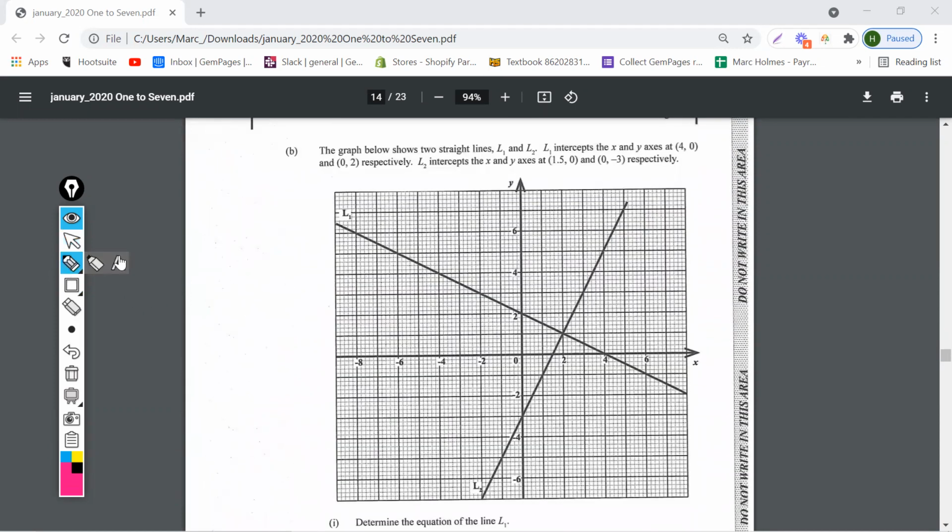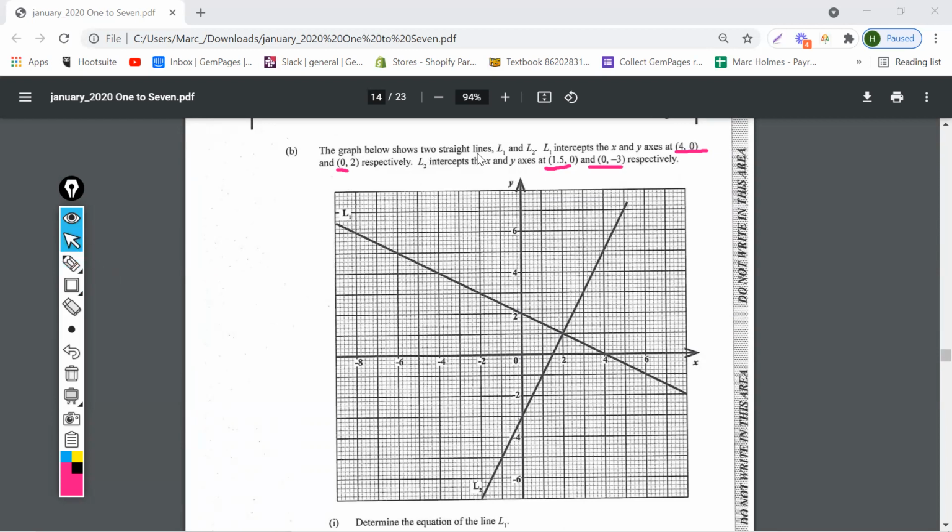So this one now says the graph below shows 2 straight lines, L1 and L2. They give us some information, guys. They give us 2 points on L1 and 2 points on L2. They're the intercepts, so those are still good points.